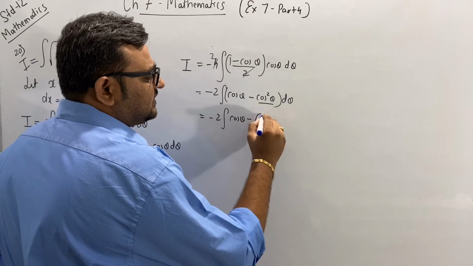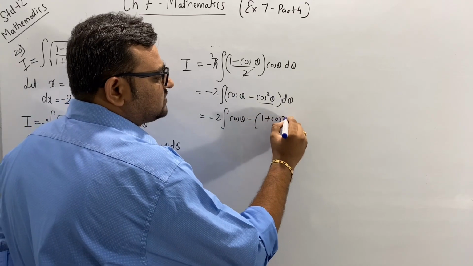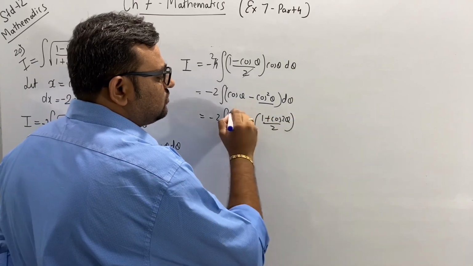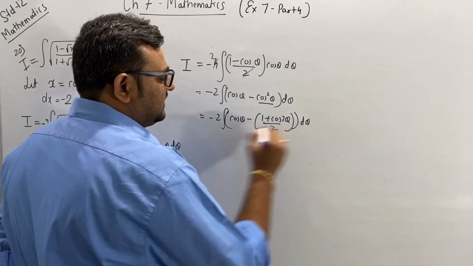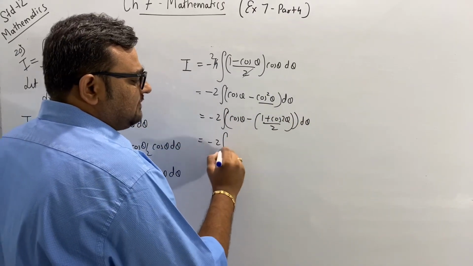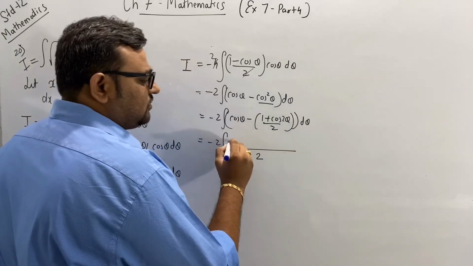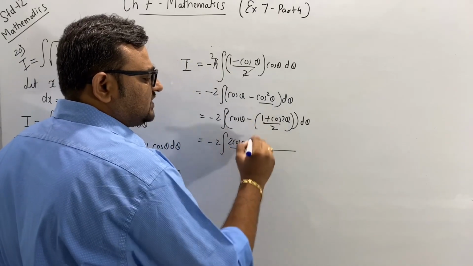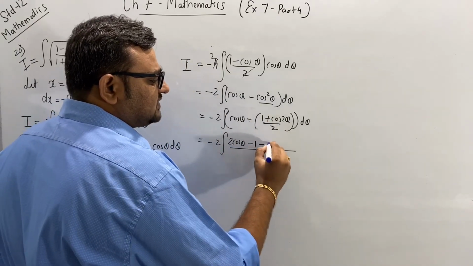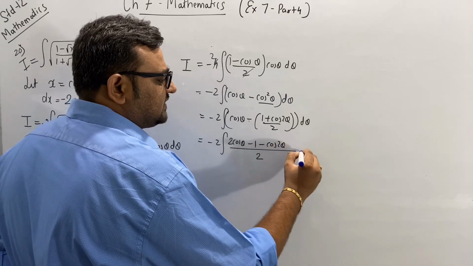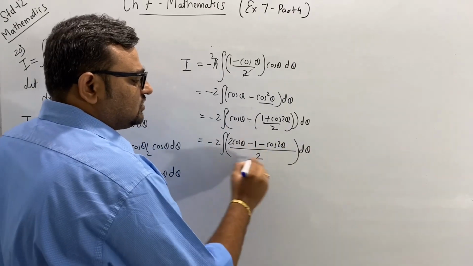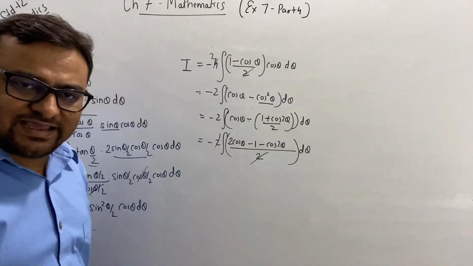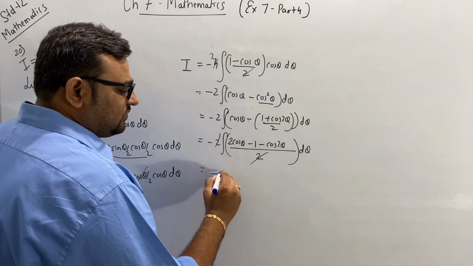Cos theta minus 1 plus cos 2 theta by 2 d theta. Now let's take the LCM. 2 cos theta minus 1 minus cos 2 theta. So again 2 gets cancelled.